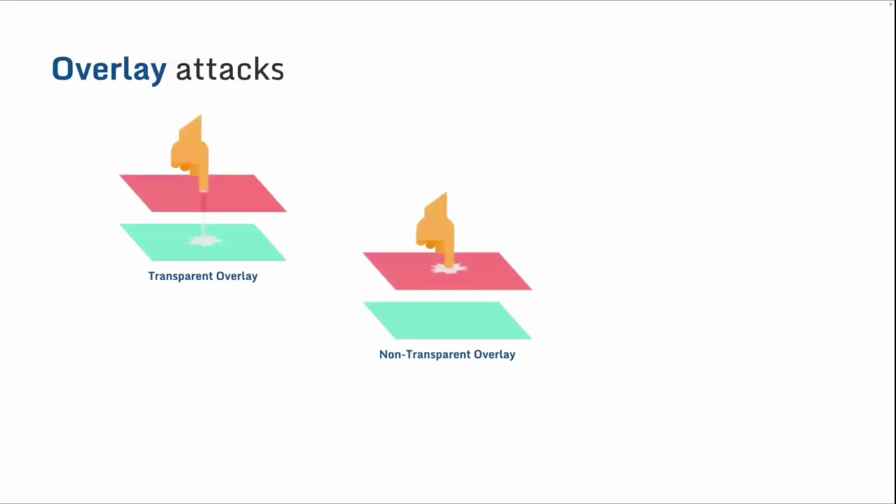Okay, overlays. So there are different types of overlays. We can have transparent overlays in the sense that if the user touches, the touch is going through the overlay back to the layer underneath. We can also have overlays that do not let these touches go through, so they are consuming the touch.